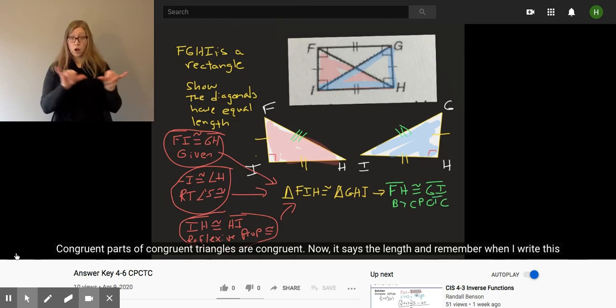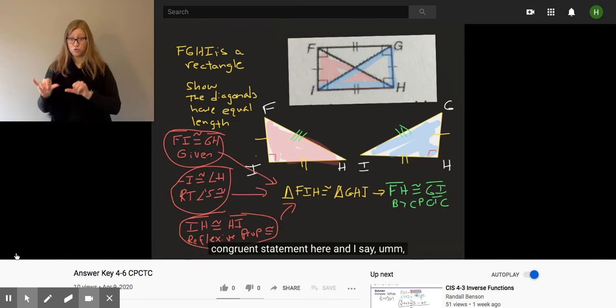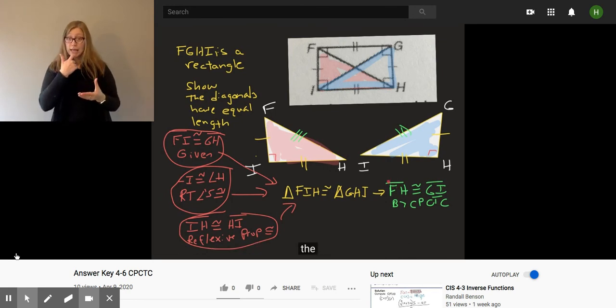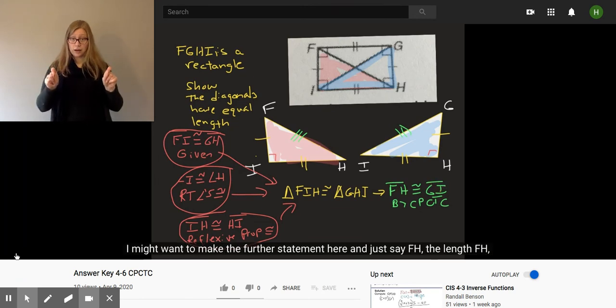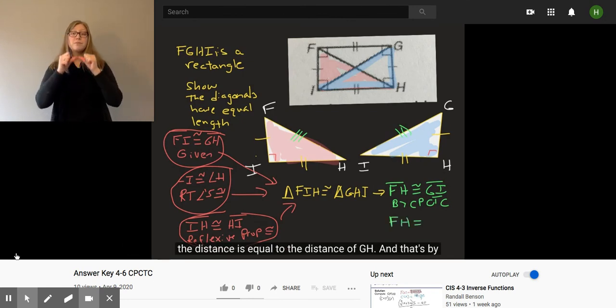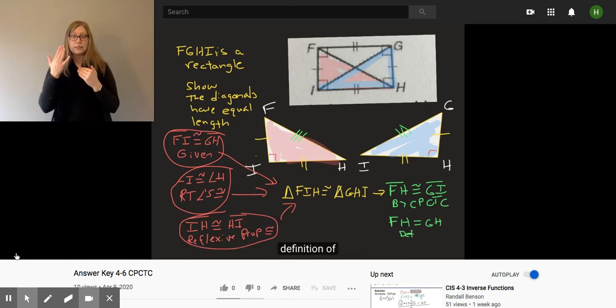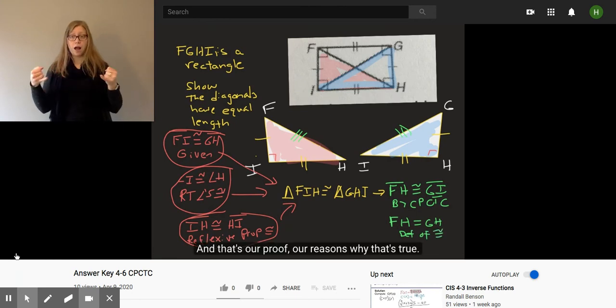Now it says the length, and remember when I write this congruent statement here and I say the line segment FH is congruent to the line segment GI, I might want to make the further statement here and just say FH, the length FH, the distance, is equal to the distance of GI, and that's by definition of congruent line segments. And that's our proof, our reasons why that's true.